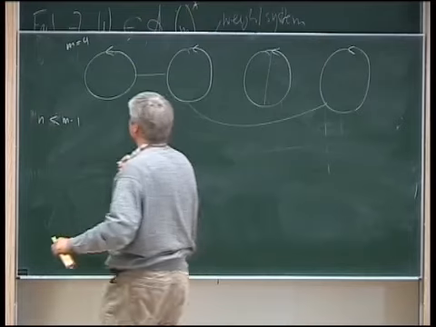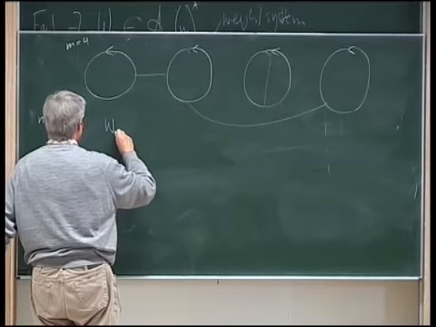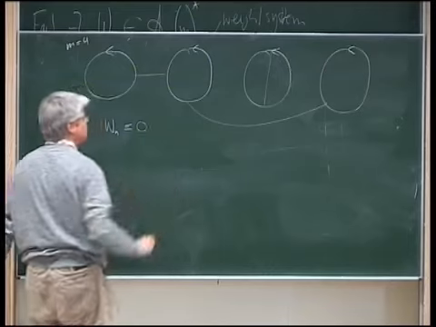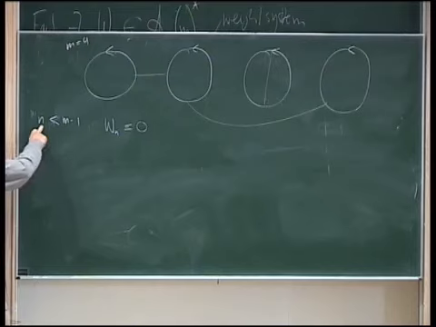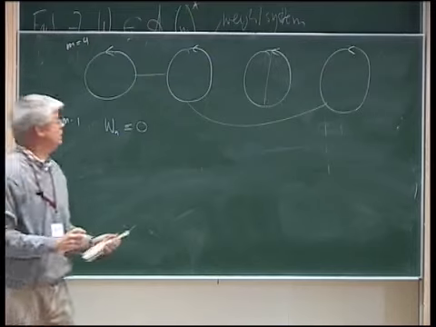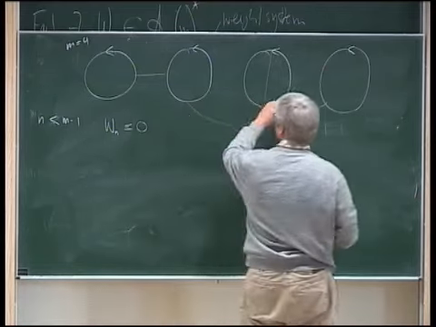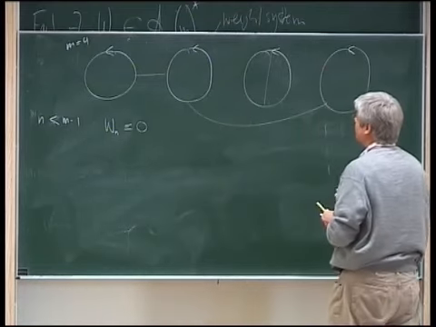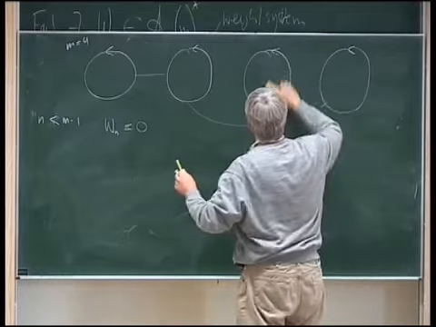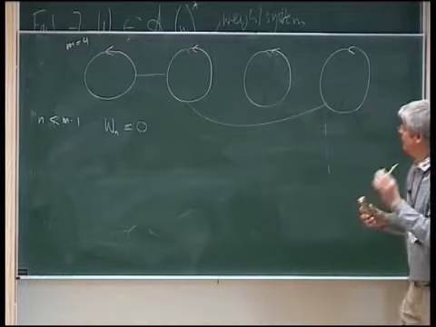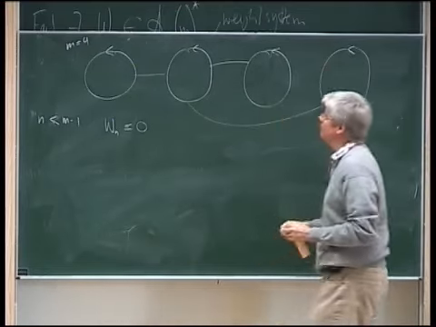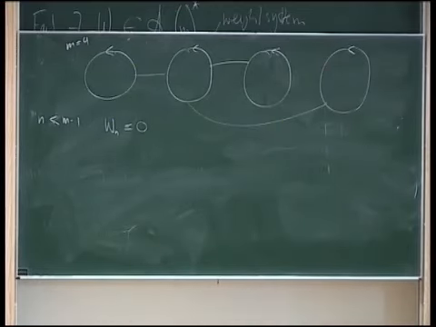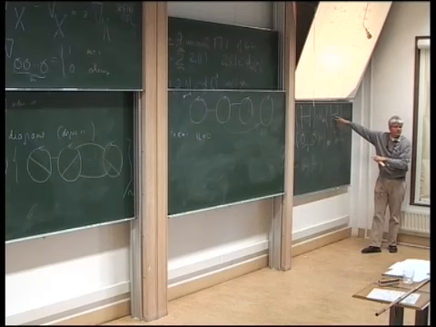So you will get W0. Wn will be identically 0 on any diagram if the degree is less than m minus 1. I have 4 circles, so I would be allowed 3 chords. No, I'm sorry, 2 chords. Yes, 2 chords. If I have 3 chords, I can do something. For example, I can do this. And then when I do my surgery business, I will get down to 1 component.